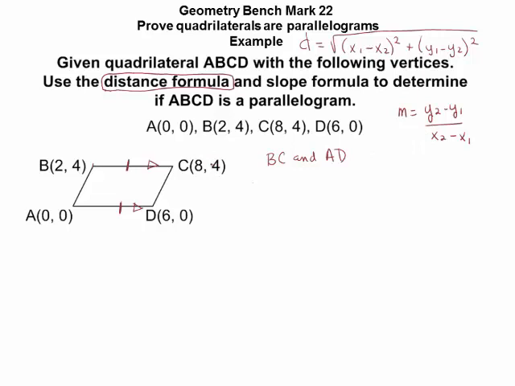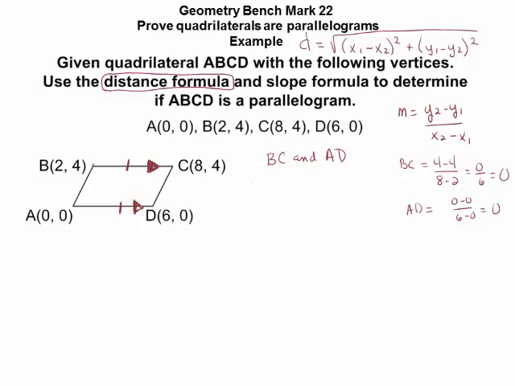Y's over x is 4 minus 4 over 8 minus 2, and so I have 0 over 6, so my slope is 0. And then I have, this is the BC slope, AD, I have 0 minus 0 over 6 minus 0, 0. So they are parallel.